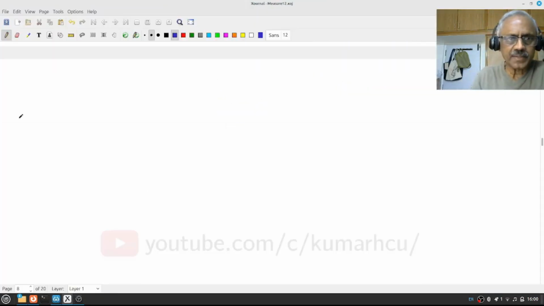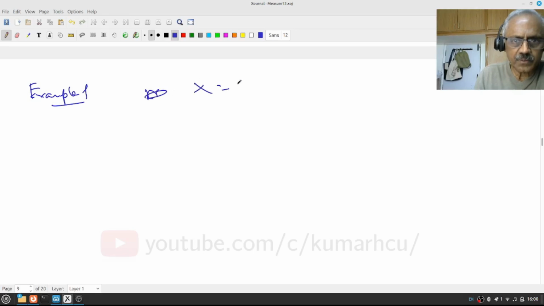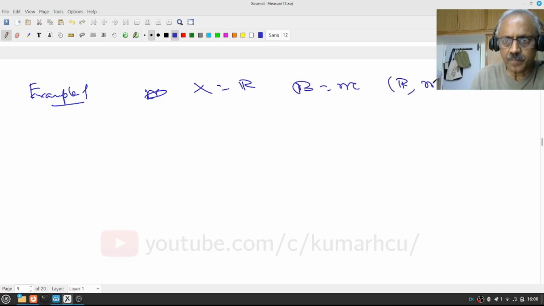So example 1, X equal to R and B equal to M. That is the ordered pair (R, M), and my mu equal to m, the Lebesgue measure.